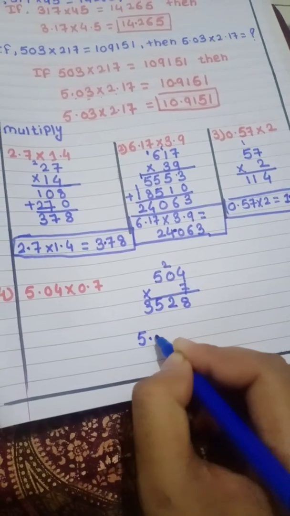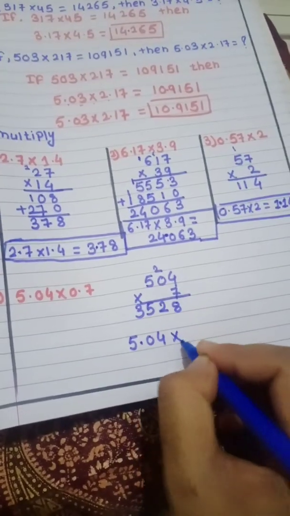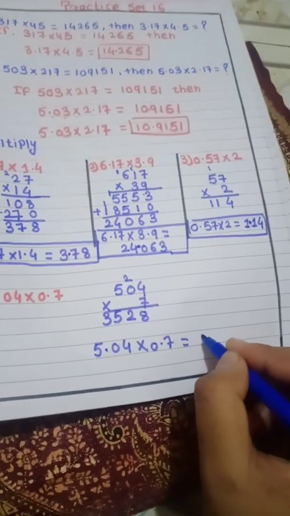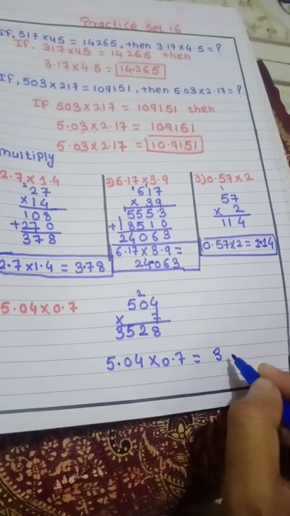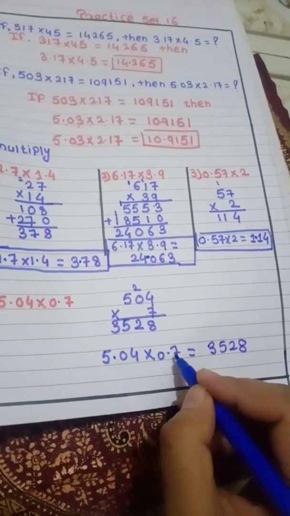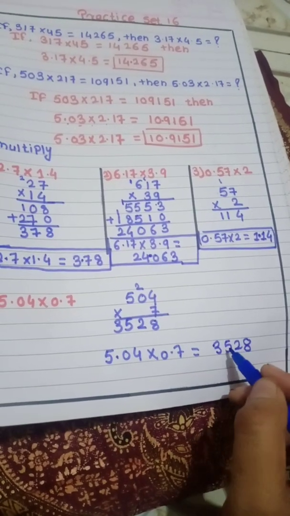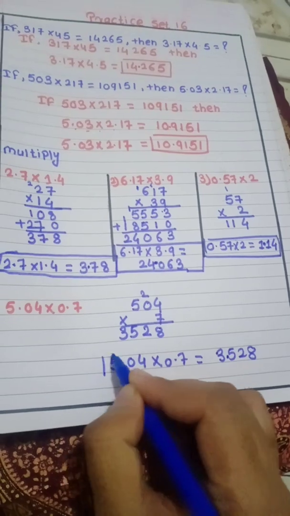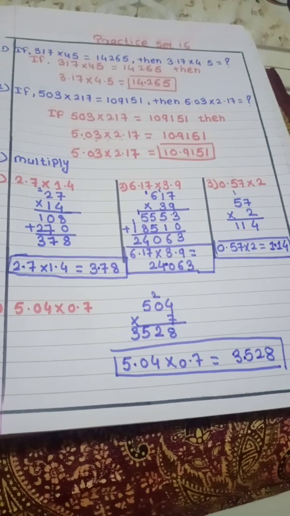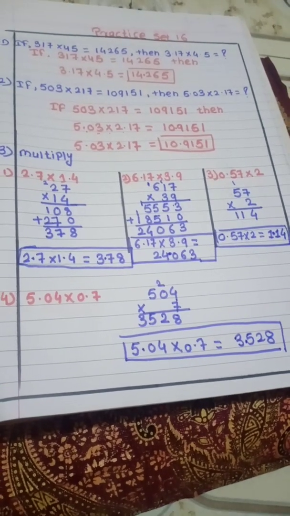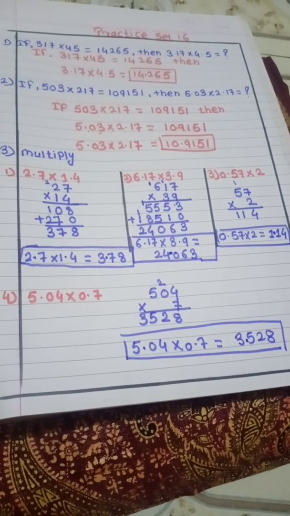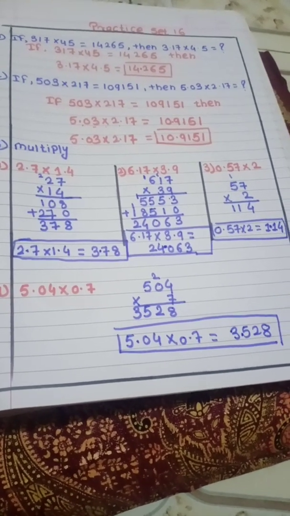So 5.04 multiplied by 0.7 is equal to 3528. Then 1, 2, 3 digits. So the answer is 3.528. So student, understood this first, second and third sum of practice set 16. Copy down in your notebook.